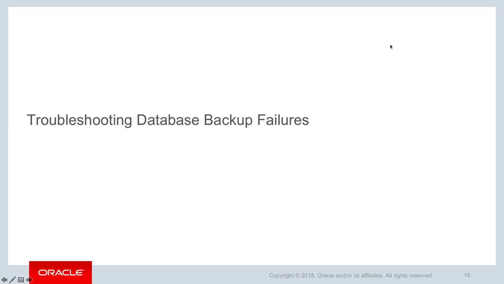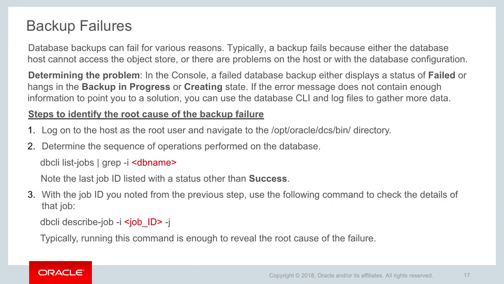Let us now look at troubleshooting database backup failures. Database backups can fail for a variety of reasons. Typically, a backup fails because either the database host cannot access the object store, or there are problems on the host or with the database configuration.